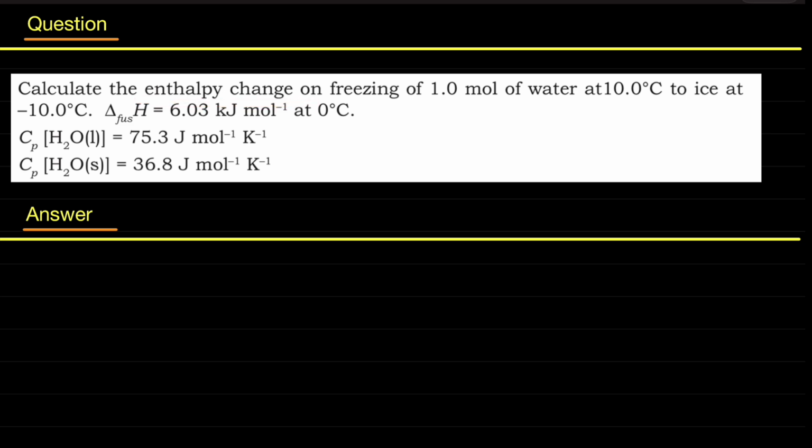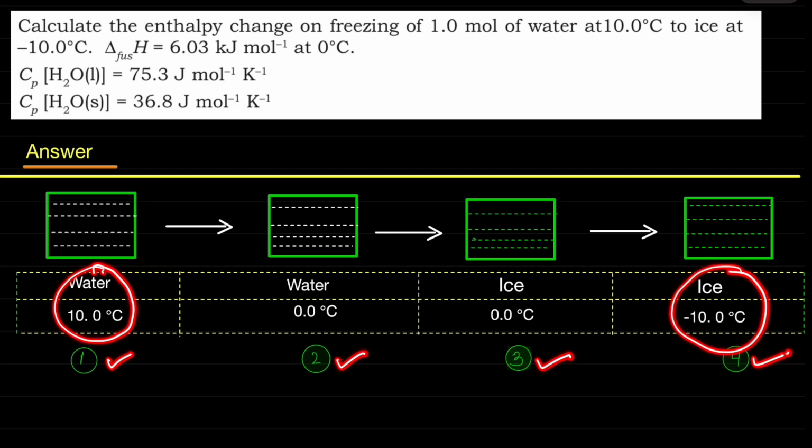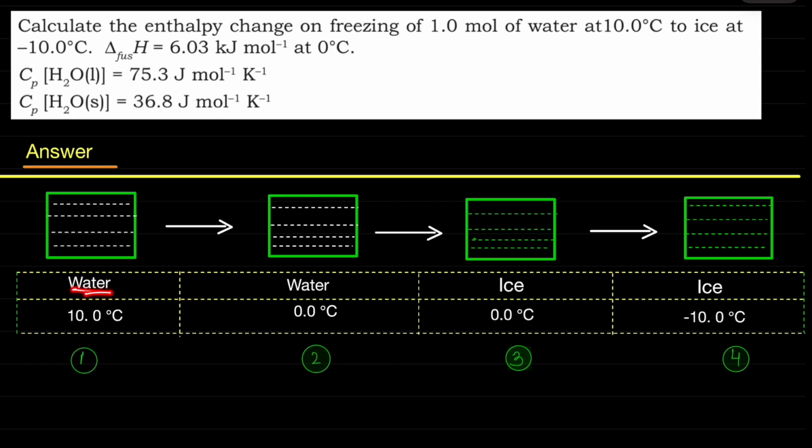So let's understand this question. In this figure, we take four phases. In these phases, water at 10 degrees Celsius will change to ice at minus 10 degrees Celsius. First this water, which is at 10 degrees Celsius, will change to 0 degrees Celsius. Here the temperature is changing, but the state of water remains the same.